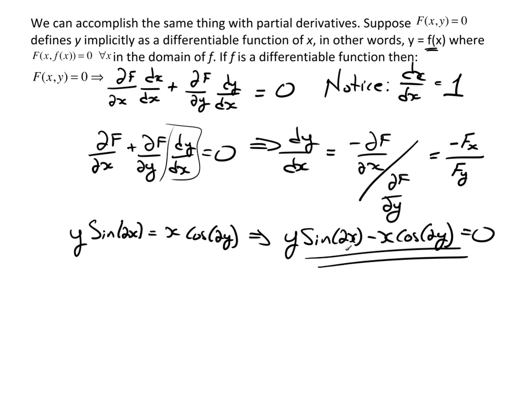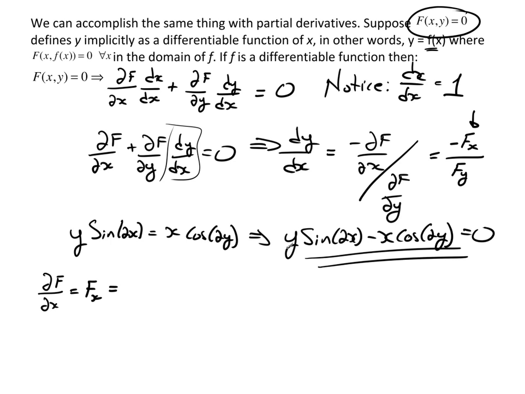See, now I have this function of x and y set equal to 0. So I need two pieces. I need to find the partial of F with respect to x. So what I'm going to do there is just take the partial with respect to x. And when I do that, I'm going to write this as F sub x to stay with this notation I'm using up here.